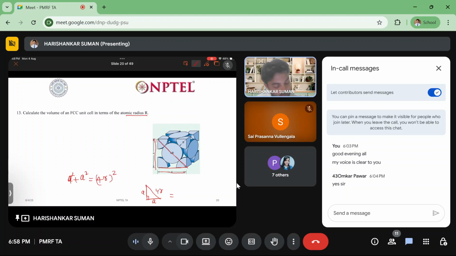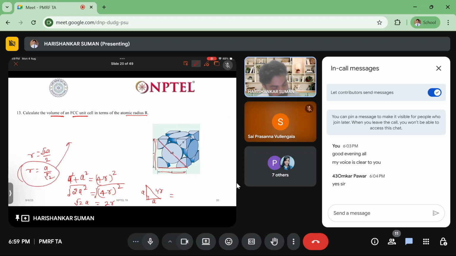Calculate the volume of the FCC, face centered cubic. So first you have to find the relation. This is 2A square equals 4R square. If we take the root, root 2 A equals 2R. So R equals A by root 2.